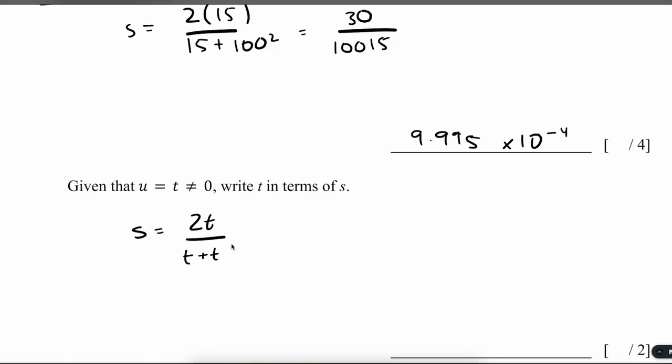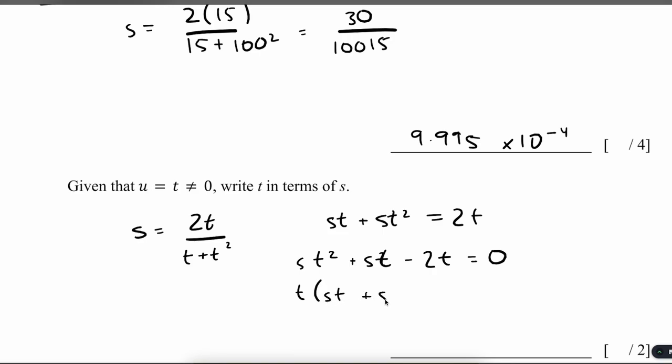And we need to get t in terms of s. So we multiply both sides by (t plus t) squared. st plus st squared equals 2t, so st squared plus 2st minus 2t equals 0. We can factor out a t, so we get t(st plus s minus 2) equals 0.